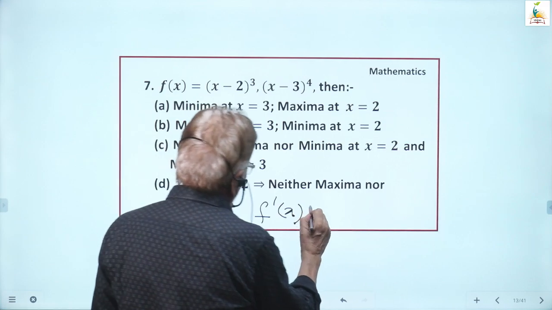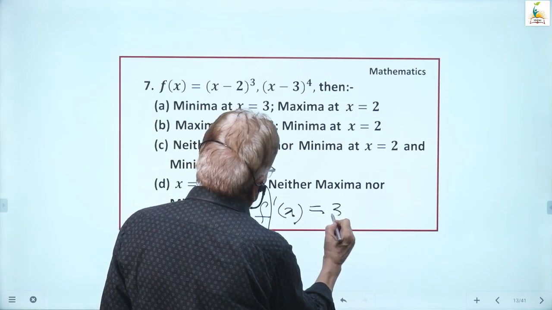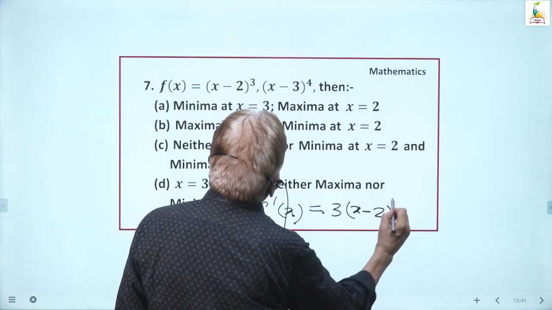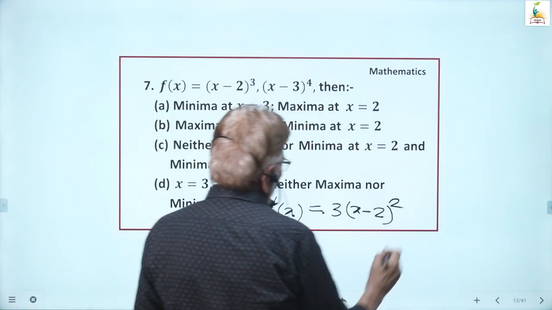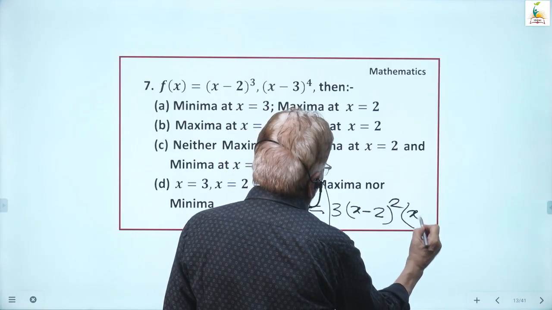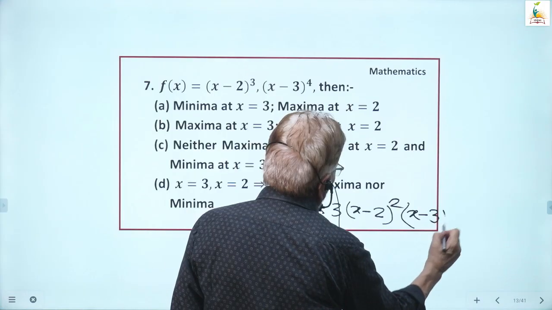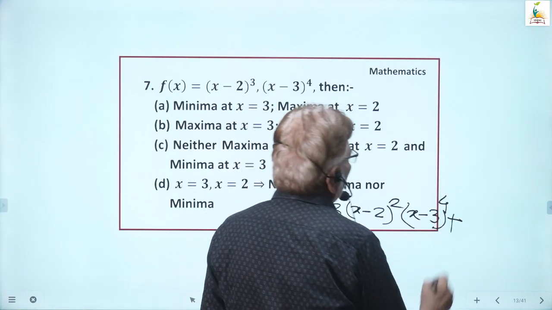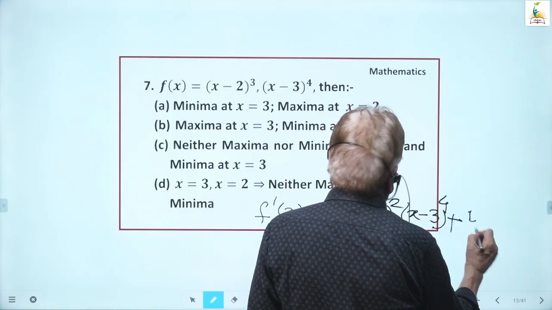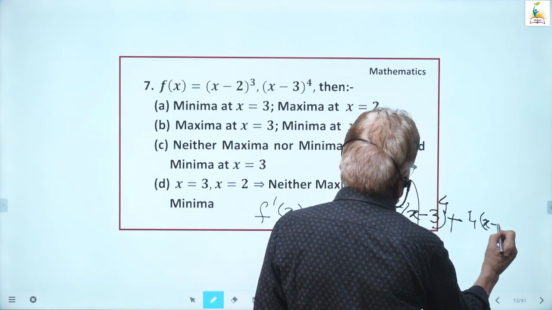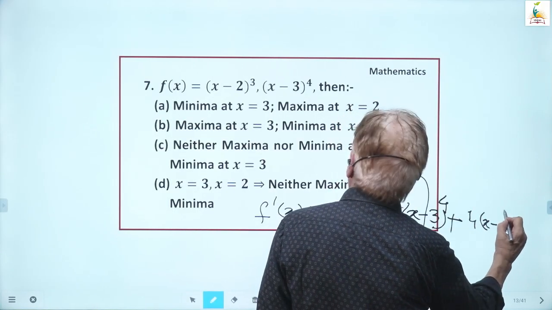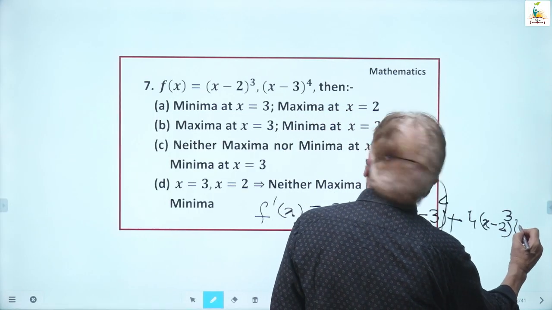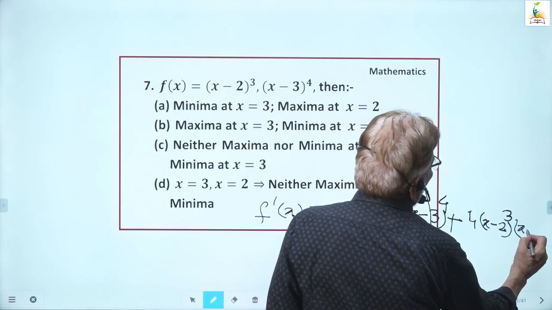This will be 3 (x minus 2) whole square, (x minus 3) whole raised to 4, plus 4 (x minus 2) whole cube, (x minus 3) whole cube.